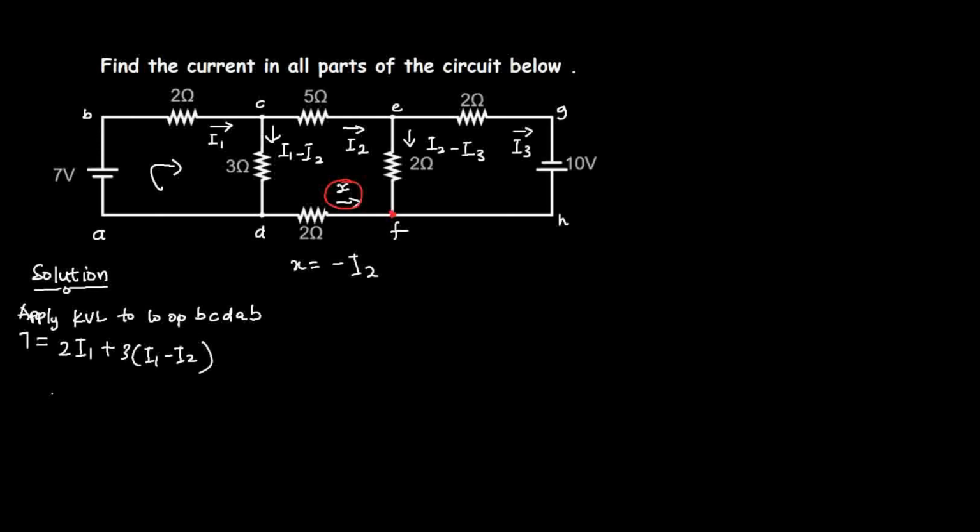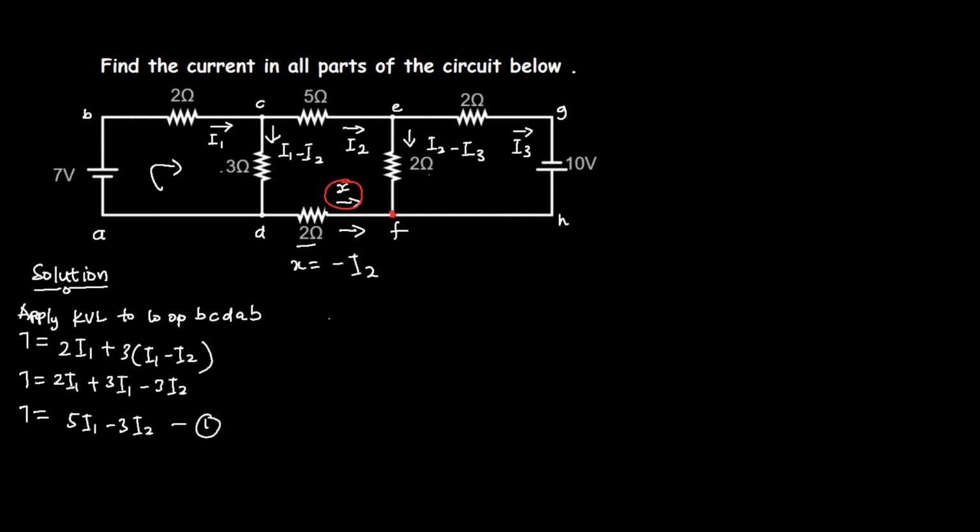Those are the resistors in that loop. Simplifying this, 7 equals 2I1 plus 3I1 minus 3I2, which gives 7 equals 5I1 minus 3I2. Let's name this as equation 1.